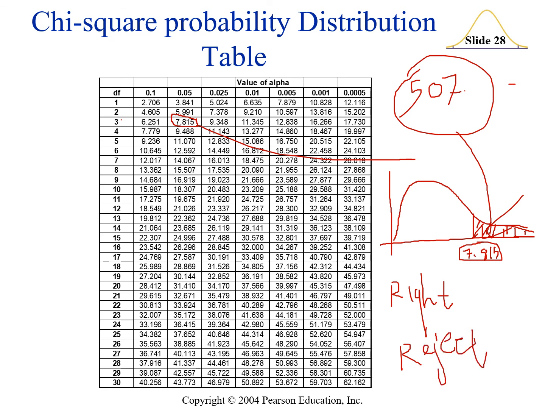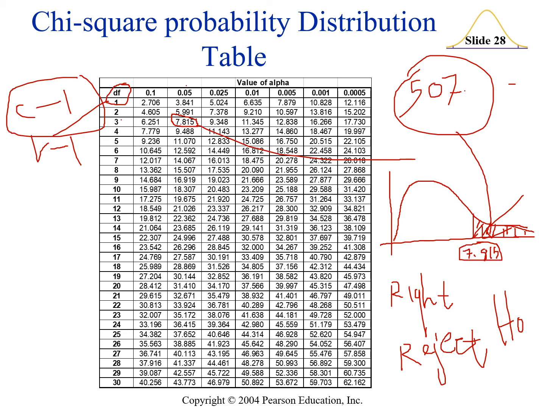Again, the chi-square distribution is always right-tailed because it is not symmetric; it is skewed to the right. First, identify the critical value from the table, and the critical value depends on 2 parameters. The first, important one is the degrees of freedom, which is C minus 1 times R minus 1, where C is the number of columns and R is the number of rows.